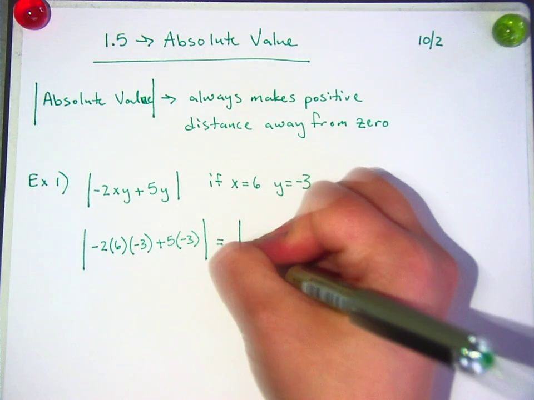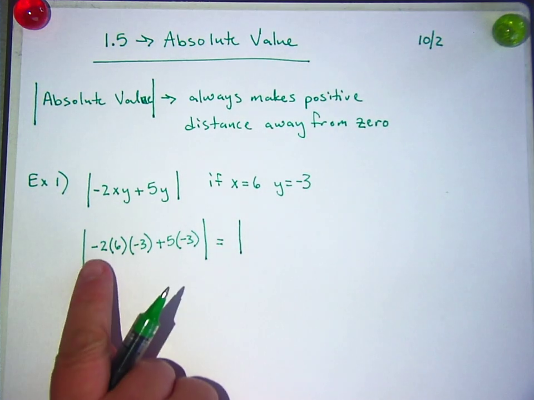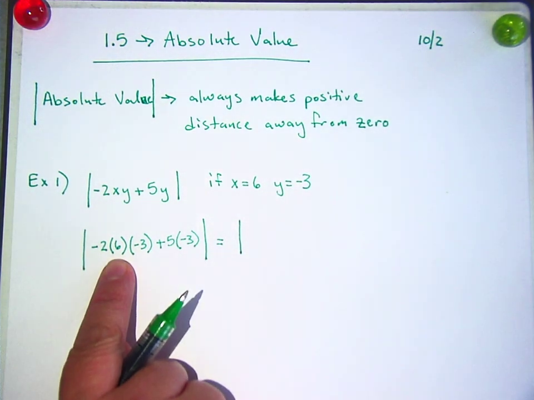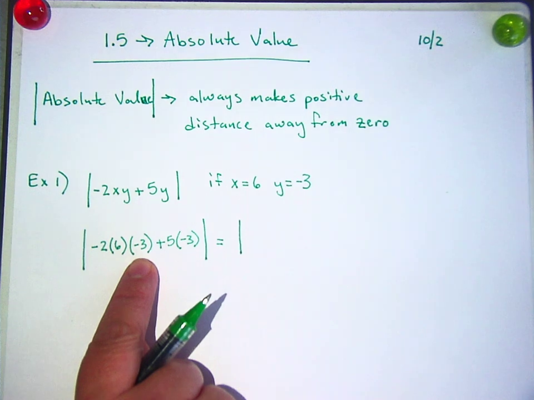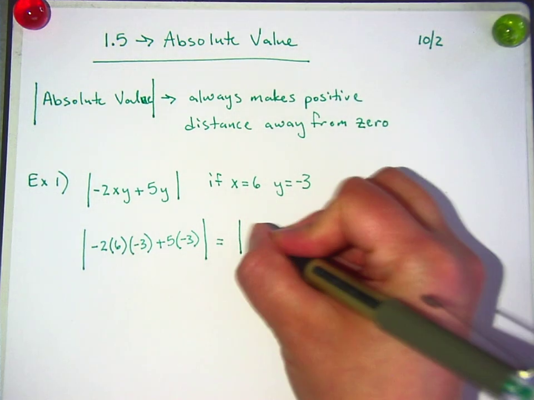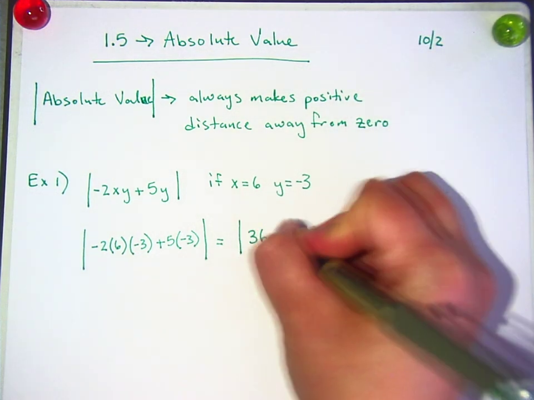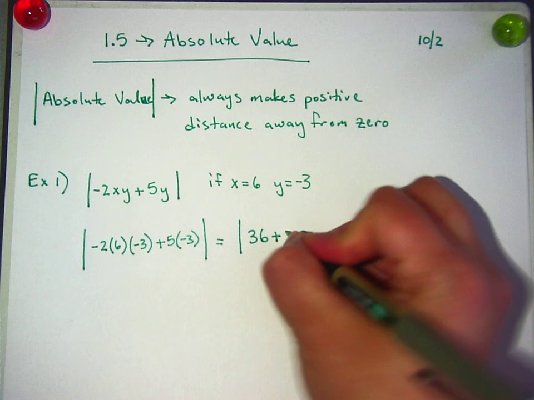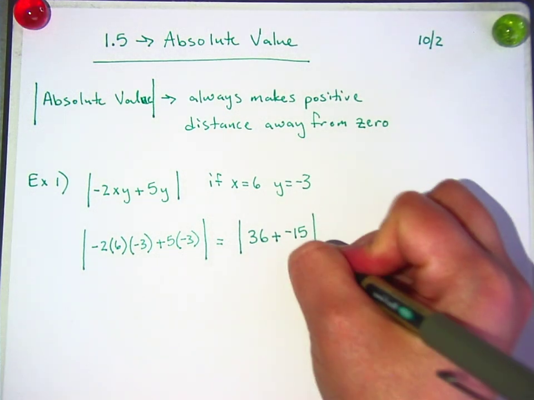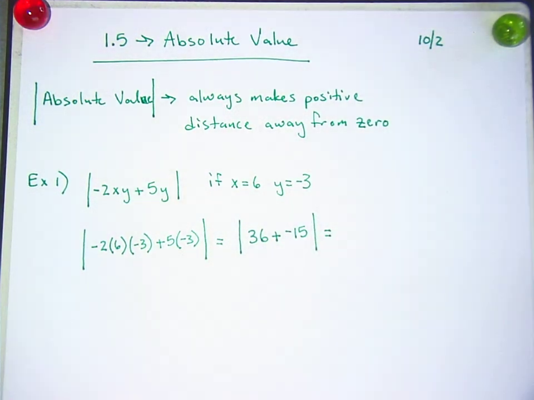Okay, I'm going to start simplifying the inside. What is -2 times 6? -12. And then -12 times -3 is positive 36. I'm going to write 36 in here, plus 5 times -3? -15. Okay, can you keep doing this in your head? What's 36 plus a -15?